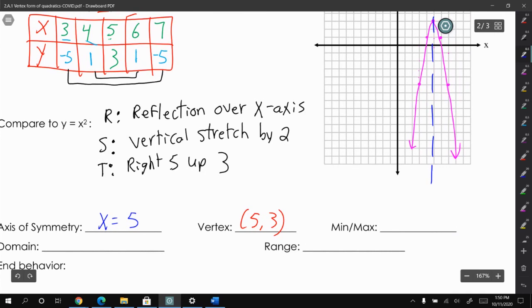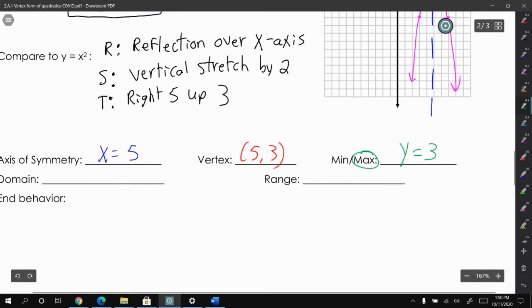Now for the min or max, since we have a top of this function, it is a max, and that's y equals 3. Domain, again, -infinity, infinity. Range, the smallest y value is -infinity, and we go up to 3 because this function is going down.